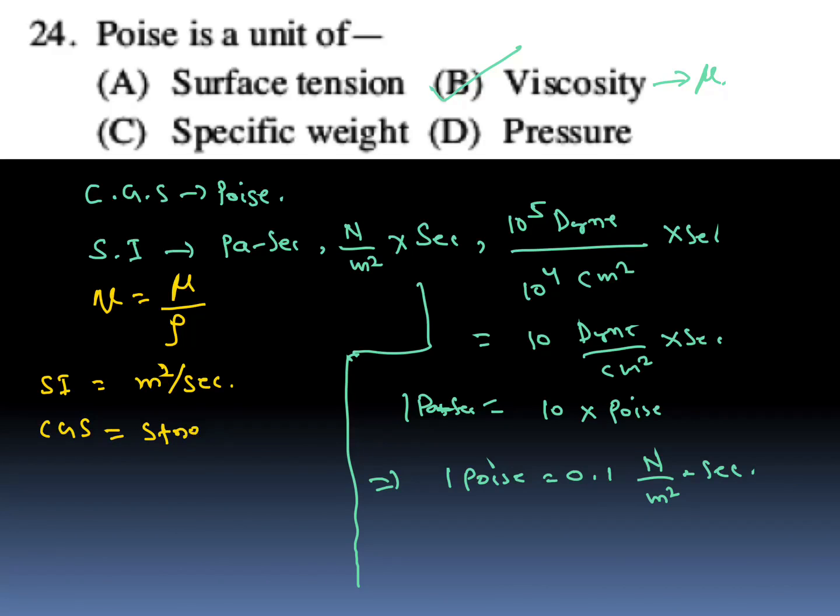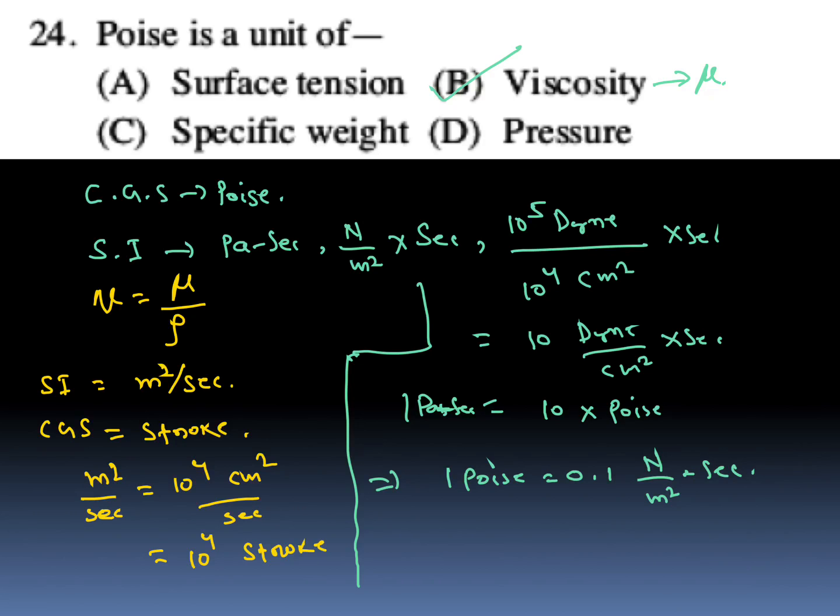This unit conversion is also very important. Meter square per second is 10 to the power 4 centimeter square per second. 1 centimeter square per second is 1 stokes.